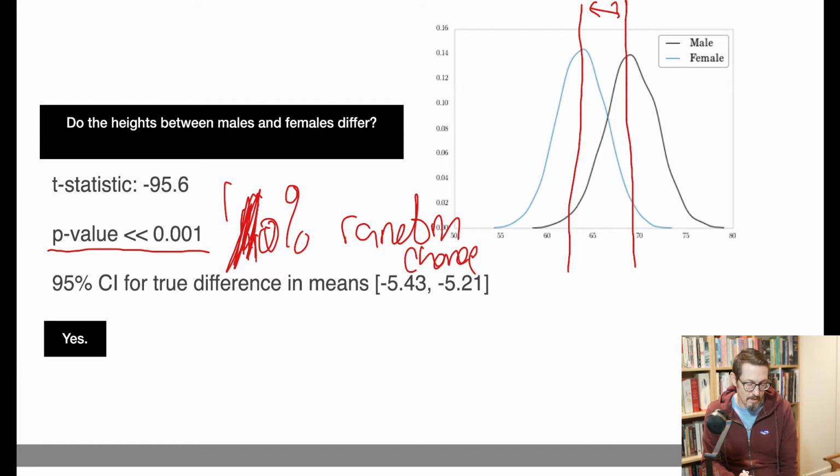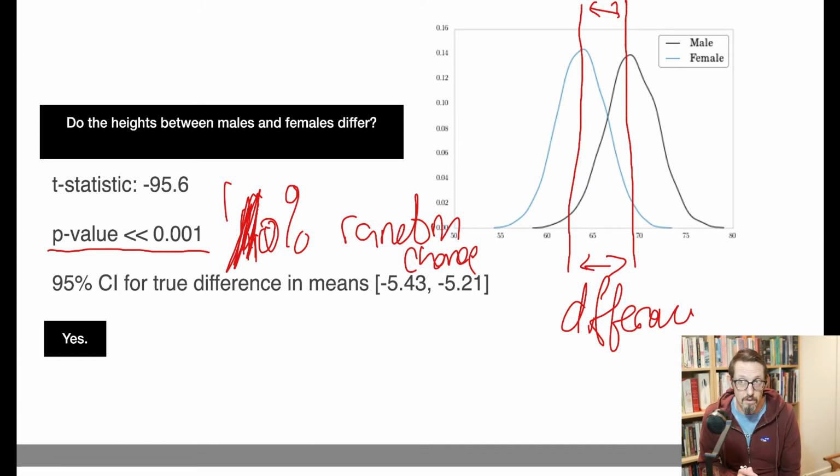Right? And that is the difference between males and females, right? And what this says is that we can be relatively certain that the difference here is somewhere between 5.4 and 5.2 inches. Okay? If we did this experiment with a whole bunch of new men and women, we would get probably a slightly different number for the difference.